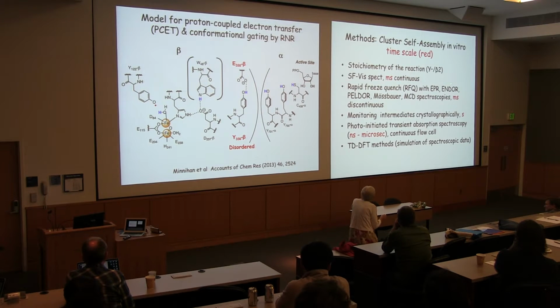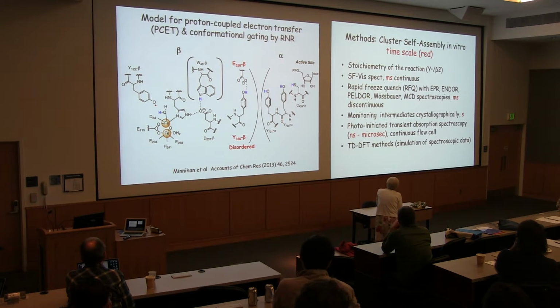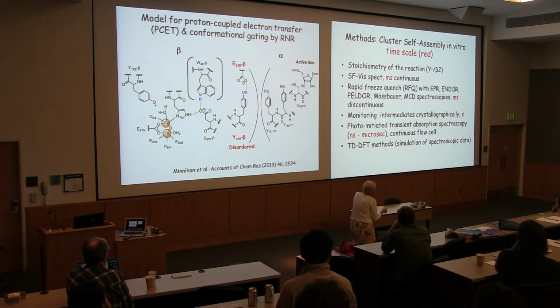We can do ENDOR. We started out with mostly Q-band, but we have now done that at high field as well. We've done even high field and low field PELDOR. We can do Mossbauer, and you saw Frank's studies with MCD, which Marty did with Solomon a long time ago on RNR. The problems with these methods are they're discontinuous, and they take a lot of protein.